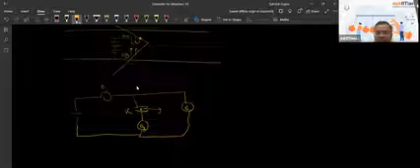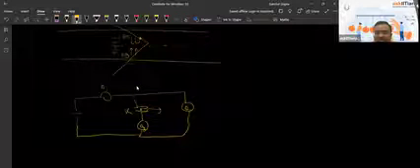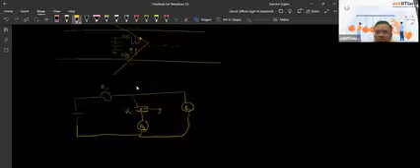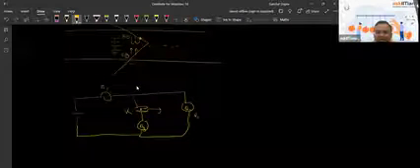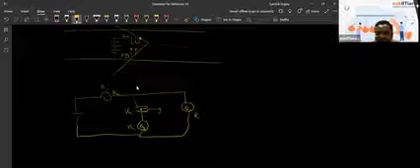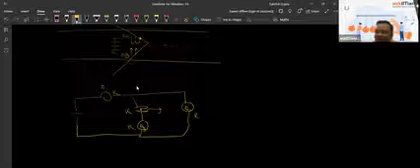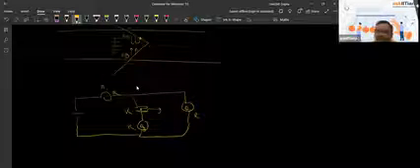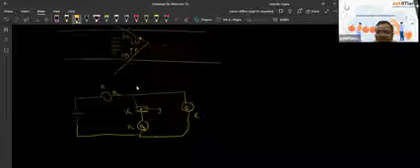Okay, see, they are identical bulbs. So initially find the resistance. Let's suppose each resistance is R. In the first case, B2 and B3 are in parallel, and B1 is in series with this.